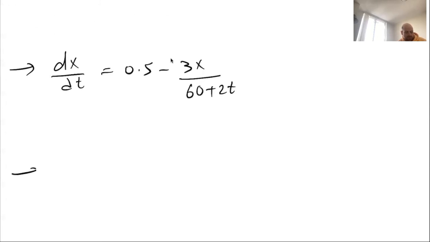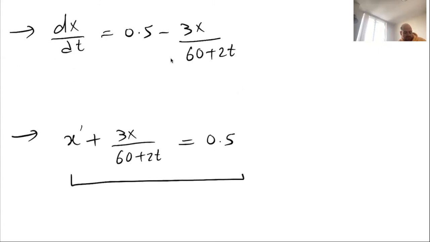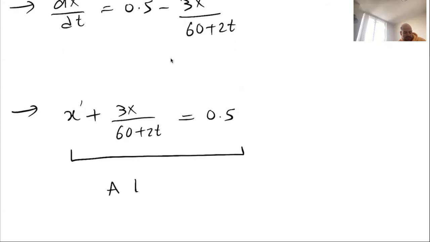Now I can write this one as dx over dt, or I can call it x prime if you want. x prime plus 3x over 60 plus 2t equals 0.5. So this is a linear first order ODE, right?